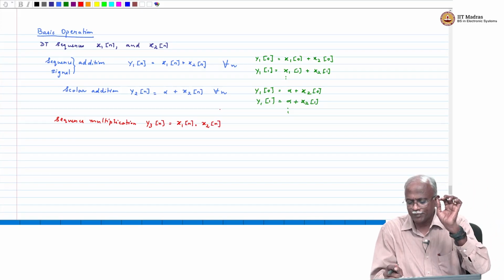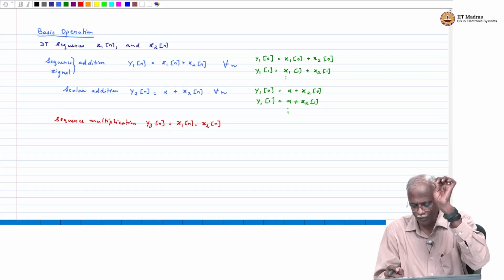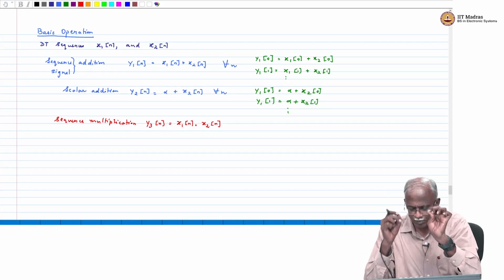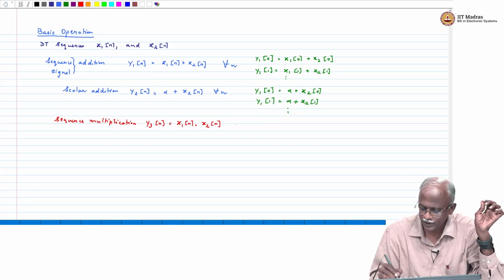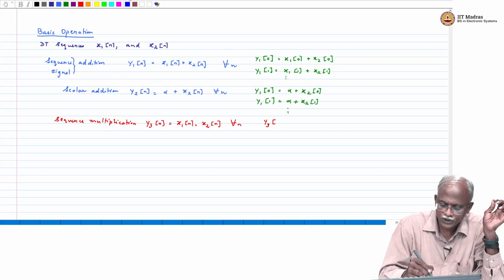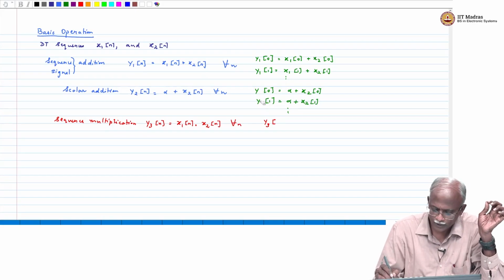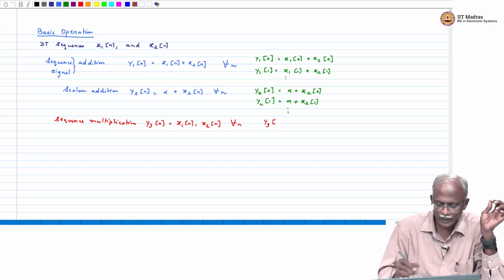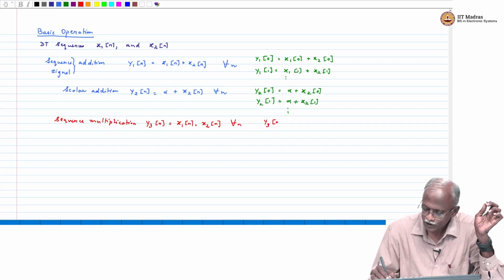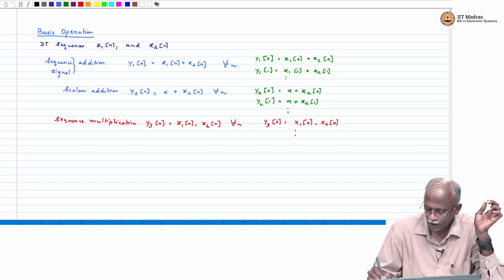For every time index, you take the corresponding sample value of x1 and the sample value of x2 and multiply them together. Again, for all values of n. y3 of 0 will be equal to x1 of 0 multiplied with x2 of 0, and so on.